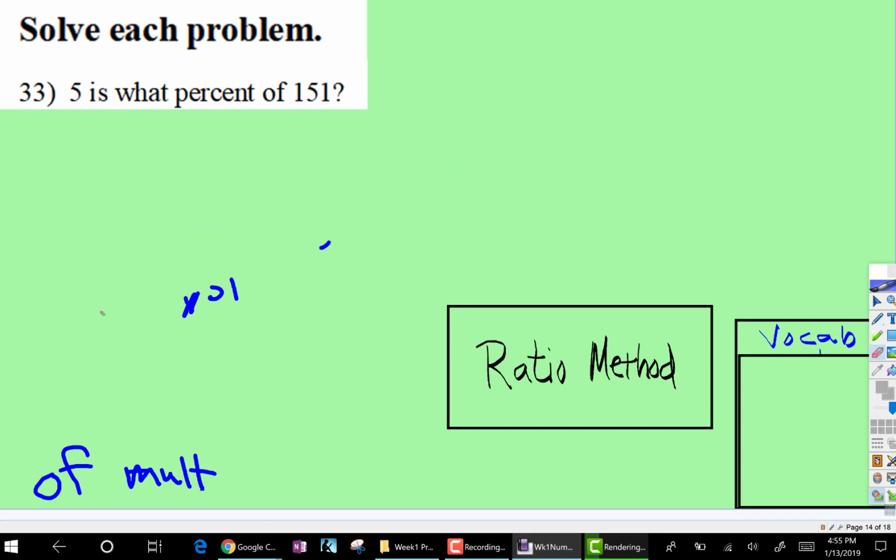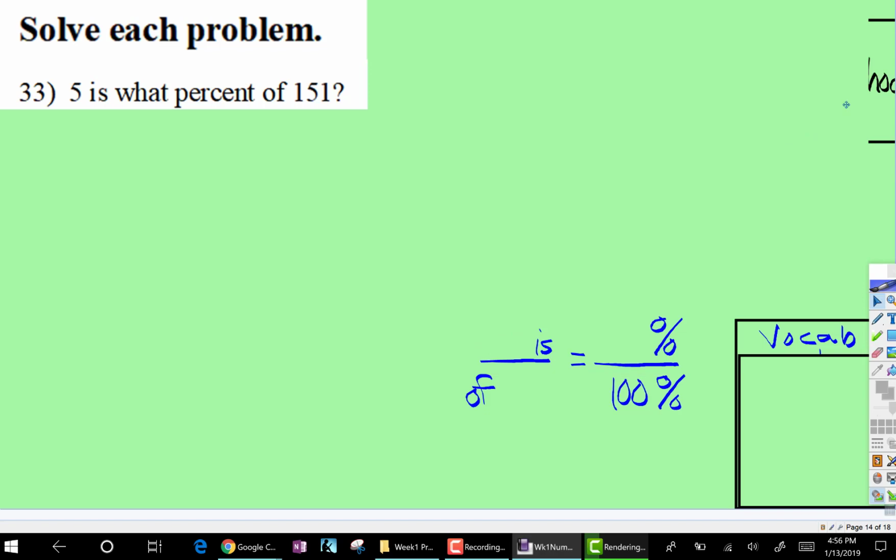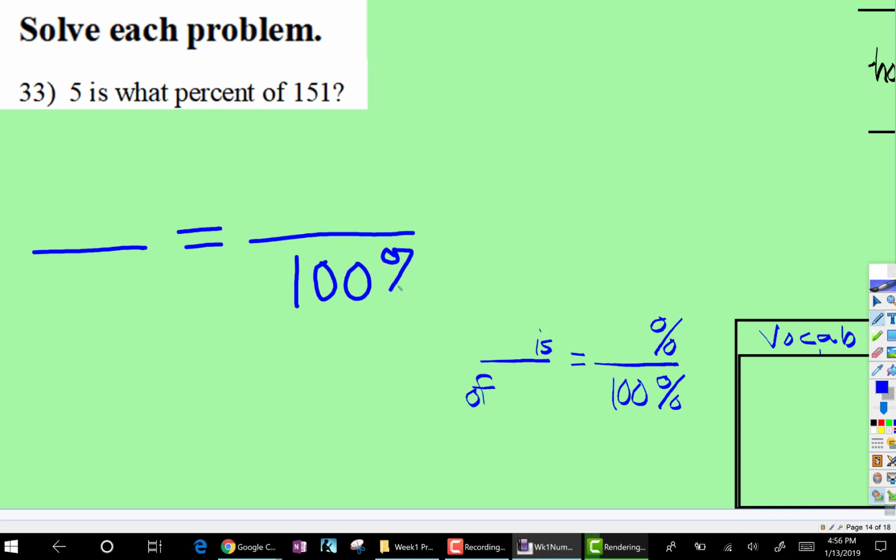The other method that I'm going to show you is a proportion method, and some people really like this method. So notice what we have. We have this fixed amount, 100%, and the percent in the problem will go there. The word of, and I'm not going to worry about is, because guess what the equal sign really does mean is.